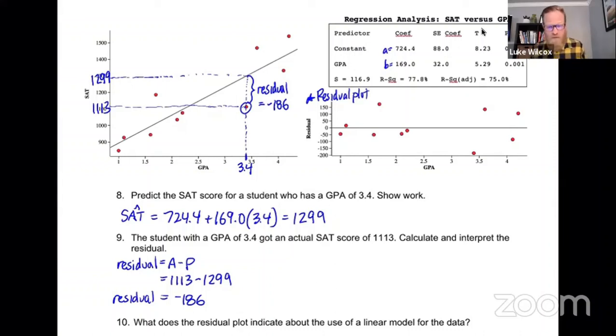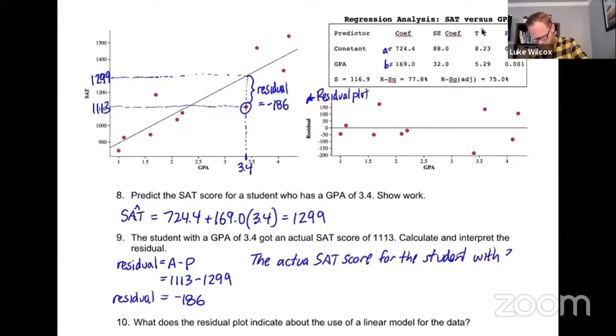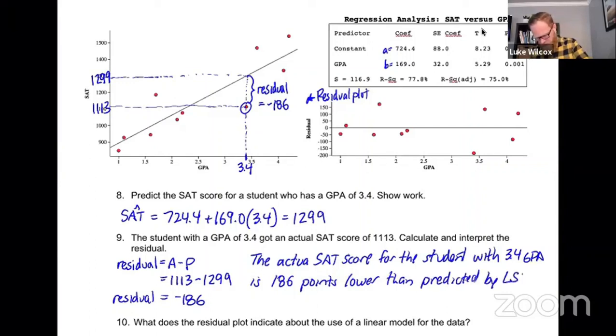So when we interpret the residual, we need to make note of that. So here's how we're going to interpret this. We're going to say the actual SAT score for the student with a 3.4 GPA is 186 points lower than predicted by the LSRL.